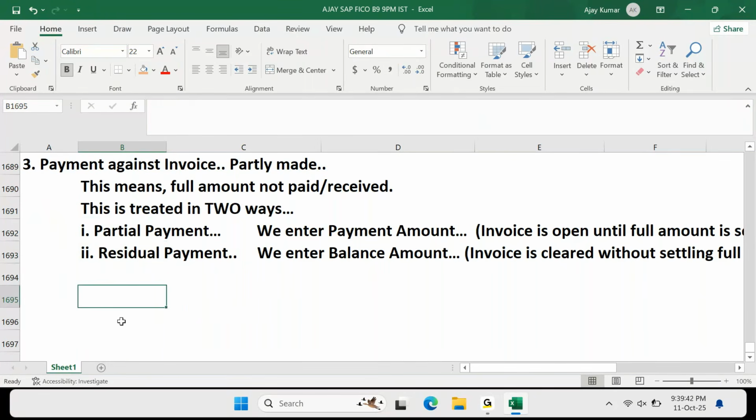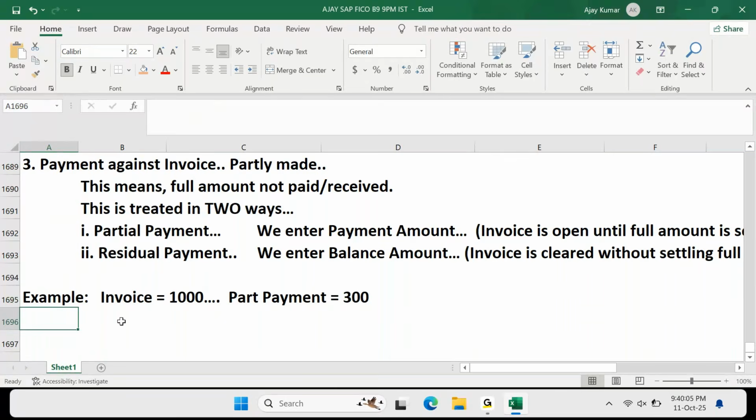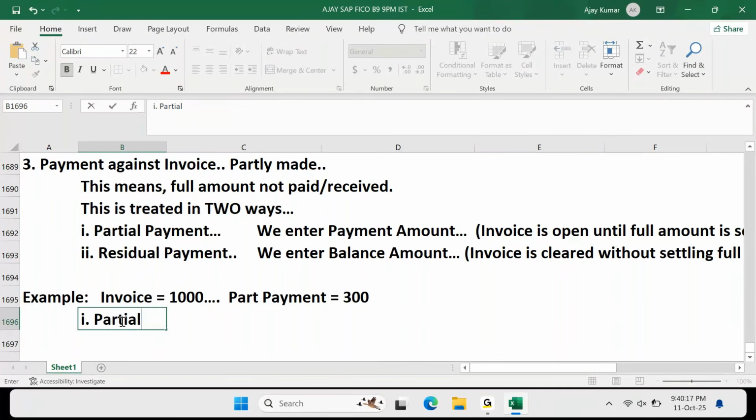Okay. Now, for example, invoice is equal to 1000 and part payment is equal to 300. Possible? Now, point number 1, partial payment.